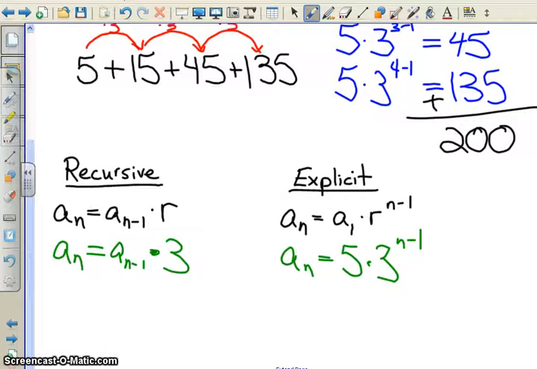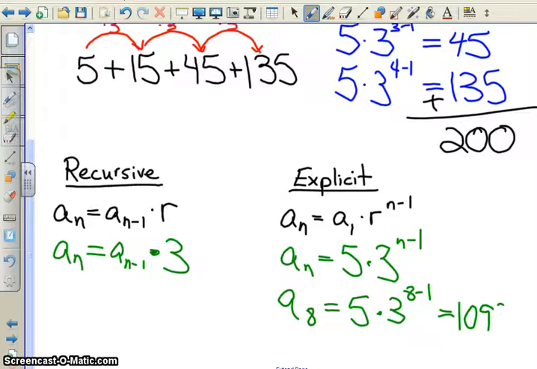So if I wanted to know the 8th term of this series or sequence without having to keep multiplying by 3, I can just plug in 8 for n. So I'll do 3 to the 7th times 5, which is 10,935. And that would be the 8th term in our sequence.